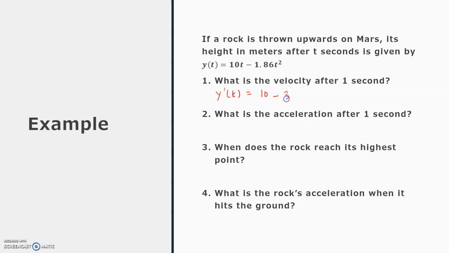What is that? 3.72 t. So after 1 second, if we put a 1 in here, we get 10 minus 3.72, so 6.28.